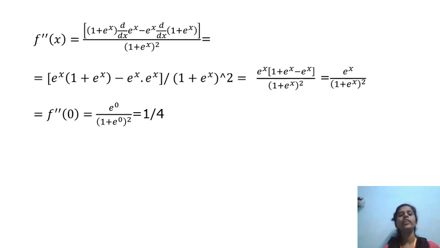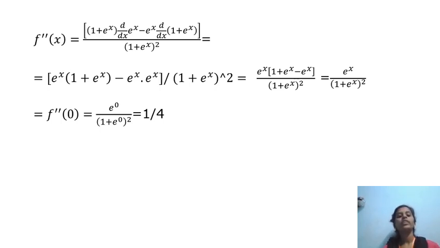Then we get 1 plus e power x, d by dx of e power x is e power x, and minus e power x, d by dx of 1 is 0 and d by dx of e power x is e power x. 0 plus e power x is e power x. So we get e power x into 1 plus e power x minus e power x into e power x divided by 1 plus e power x whole square.